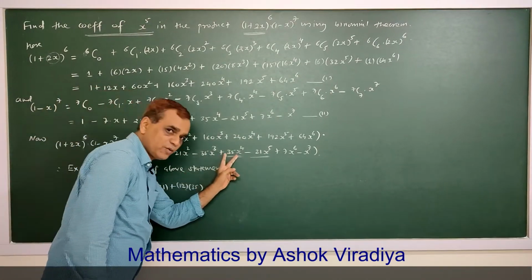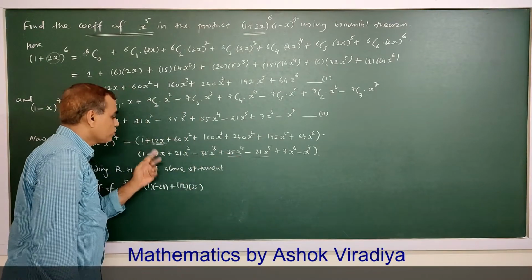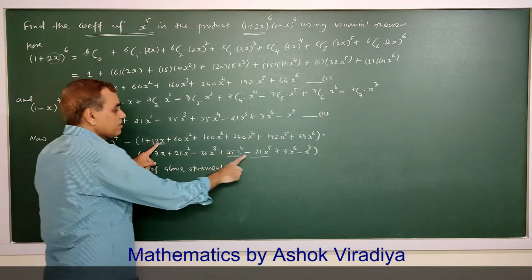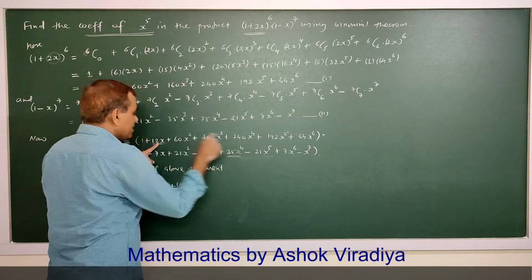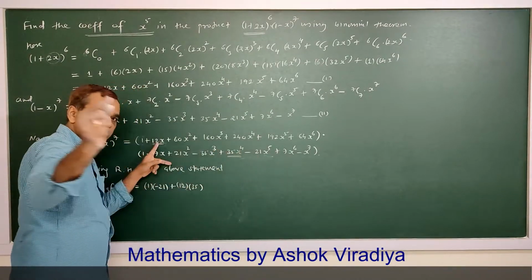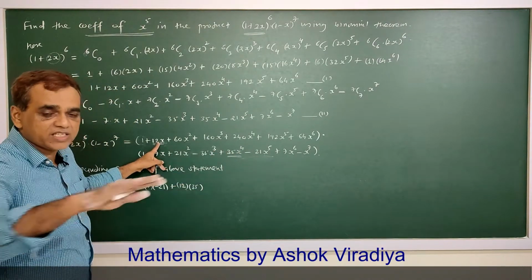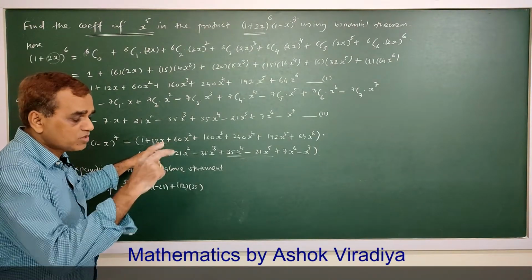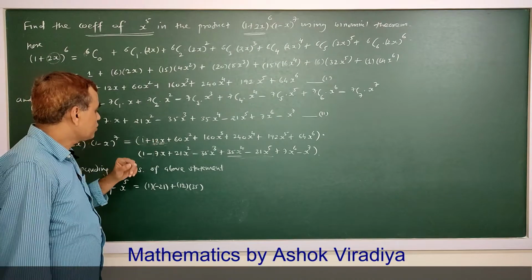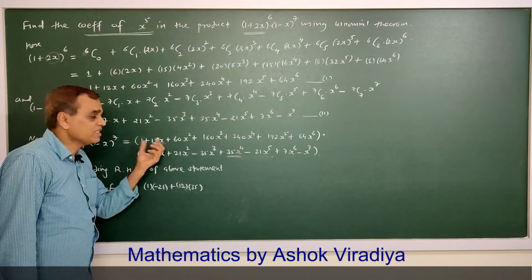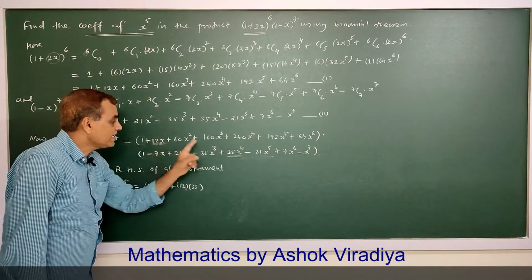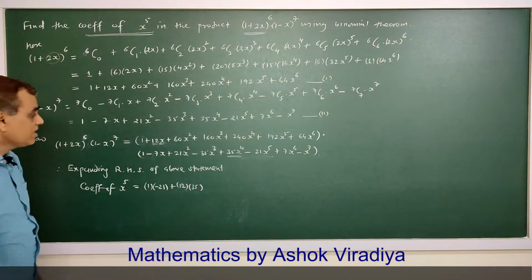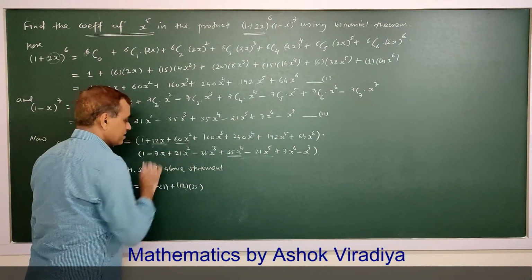Then 12x into the next numbers gives x raised to 6, 7 and 8, and we don't want those. So multiplying 12x with this bracket, we get only one x raised to 5 term. Now turn to 60x square.